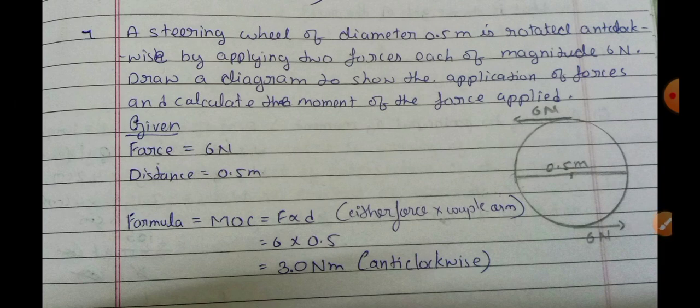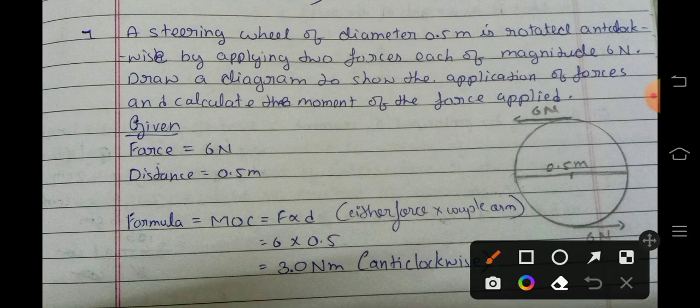A steering wheel of diameter 0.5 meter is rotated anti-clockwise by applying two forces each of magnitude 6 Newton. Draw a diagram to show the application of forces and calculate the moment of forces. Here the diagram is already drawn. Let me explain what they have said.